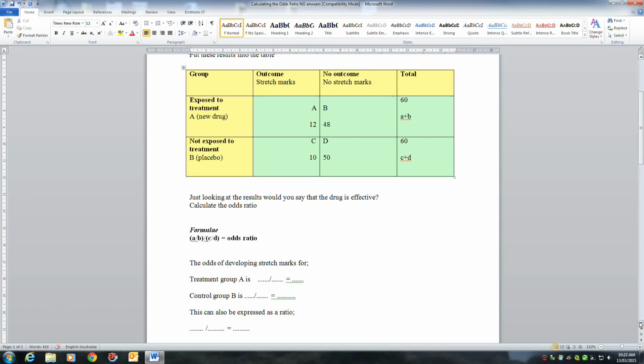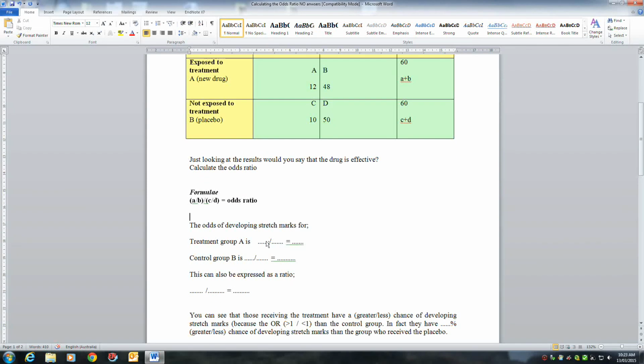So if we work out, first of all, this would be the experimental event rate, or how many got the event in the experimental group. And we know here it's 12, and we're dividing that by 48. That's A divided by B. And if you calculate what that works out to be, you should get 0.25.